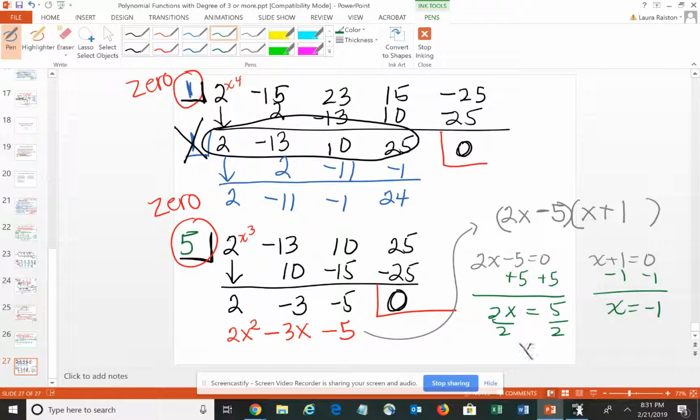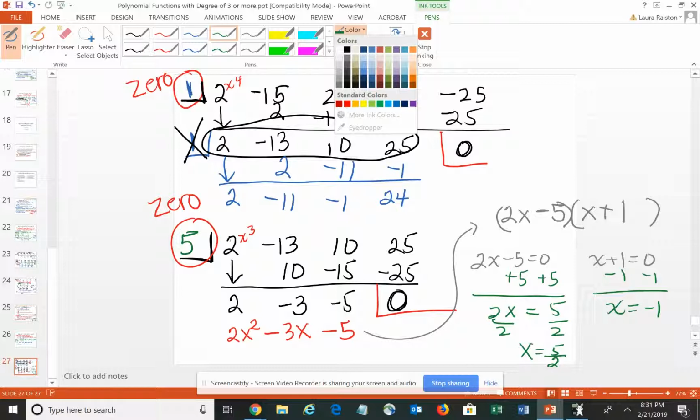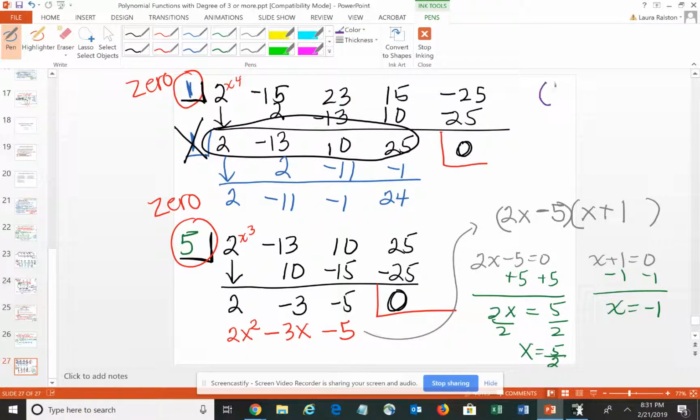Divide by 2, so x is 5 halves. So ultimately, we find that our zeros, and we should have 4 of them, and I do, are 1, 0, 5, 0, negative 1, 0, and 5 halves, 0.